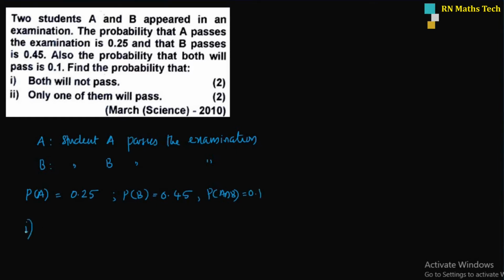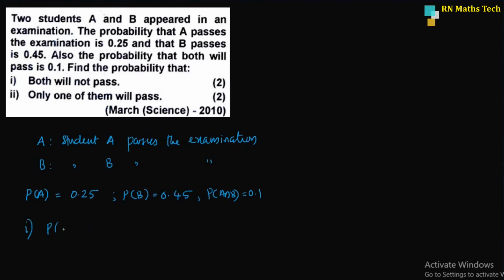Now first part, both will not pass. Both will not pass means student A does not pass the examination and student B does not pass the examination.